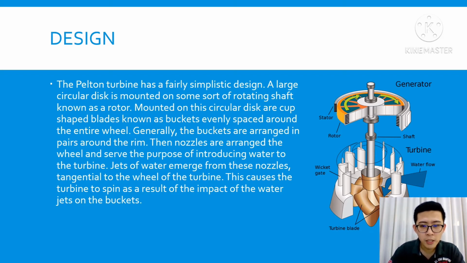Generally, the buckets are arranged in pairs around the rim. Then, nozzles are arranged around the wheel and serve the purpose of introducing water to the turbine. Jets of water emerge from those nozzles tangential to the wheel of the turbine. This causes the turbine to spin as a result of the impact of the water jets on the buckets.